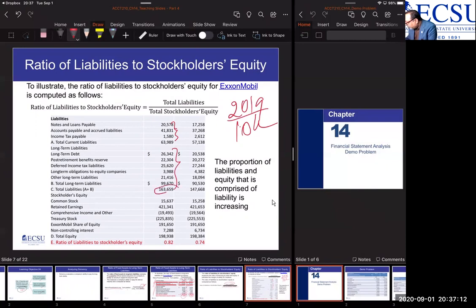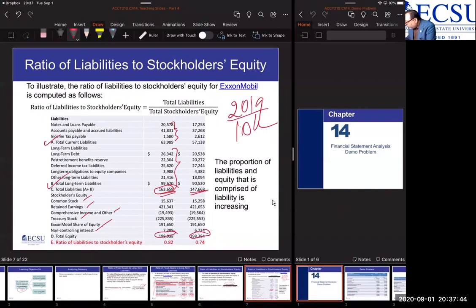The total liabilities, current liability A plus total long-term liability B, will give you 163,659. And then for stockholders, you have the common stock, retained earnings, comprehensive income, and other elements that you have brought down, and treasury stock. Then the share of equity, non-controlling interest, will give you a total equity of that amount.